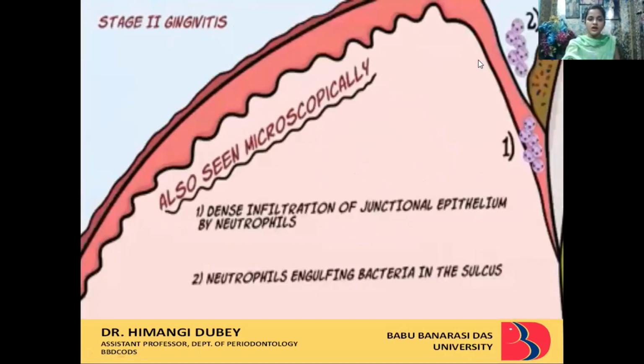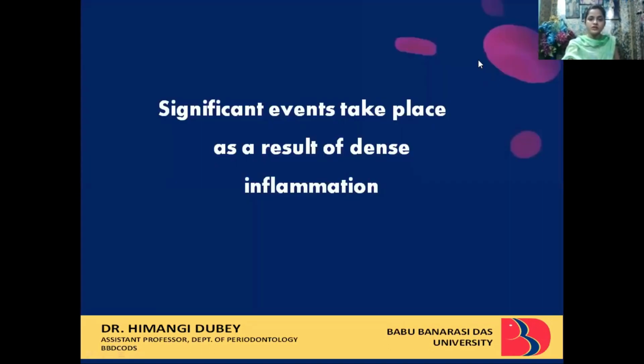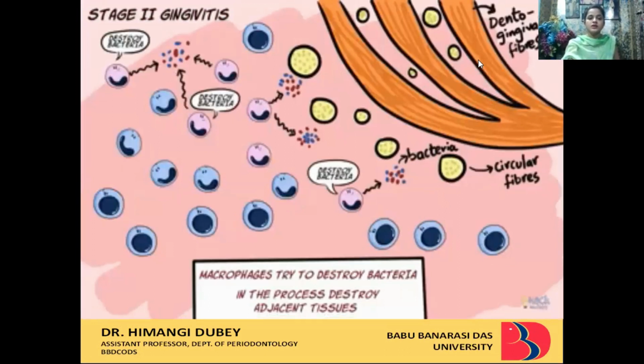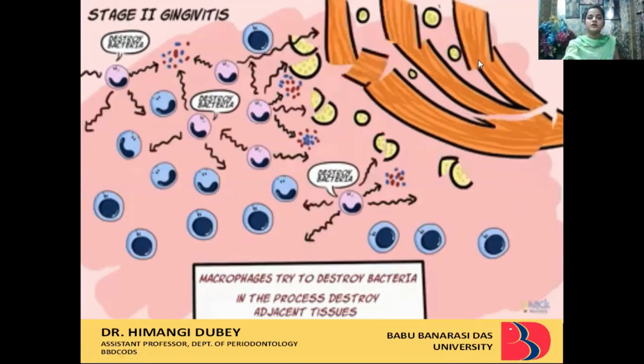Now, there are some important events that happen as a result of this dense inflammation. After accumulation of inflammatory cells in the connective tissue, the cells, in an attempt to destroy invading bacteria, also cause collateral damage to the surrounding tissue.